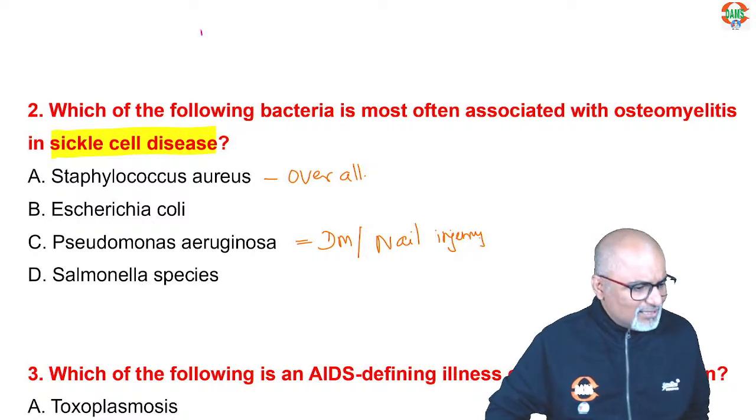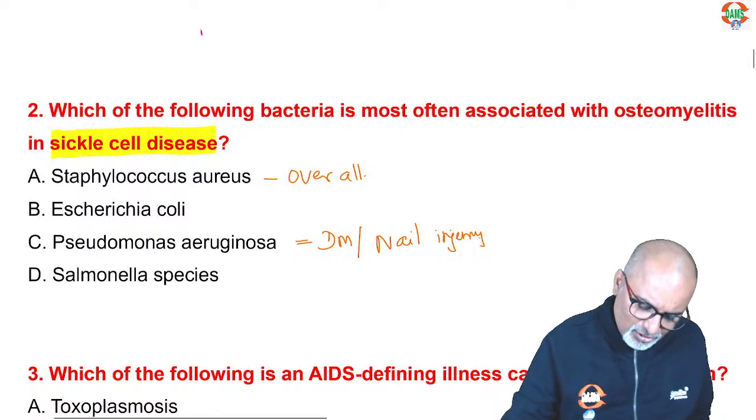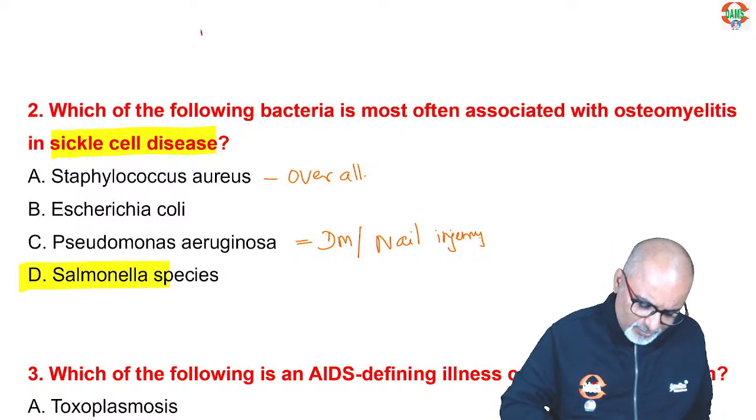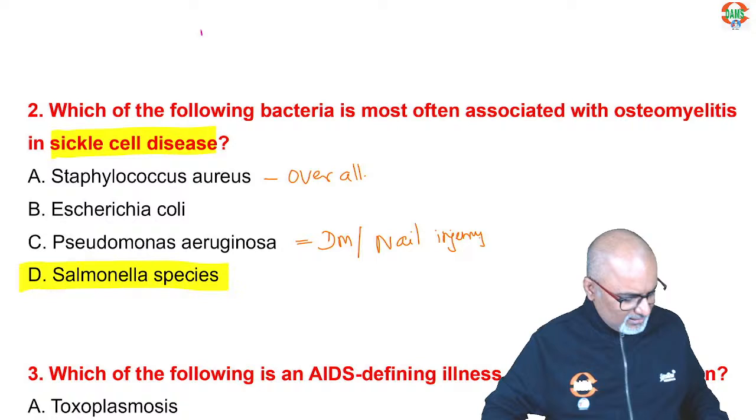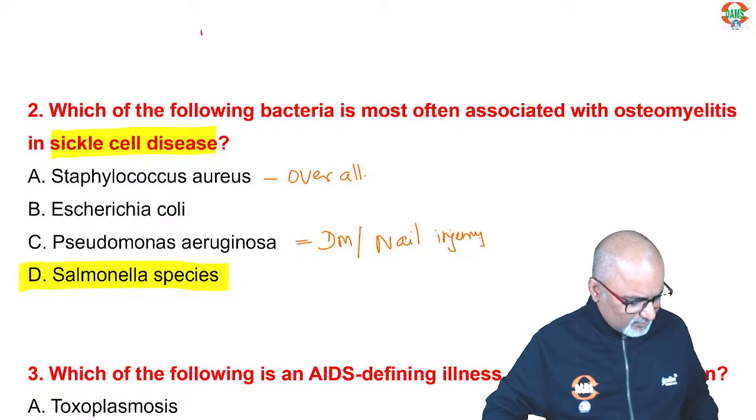And in a sickle cell patient, you can think of Salmonella species. Sickle cell, Salmonella.